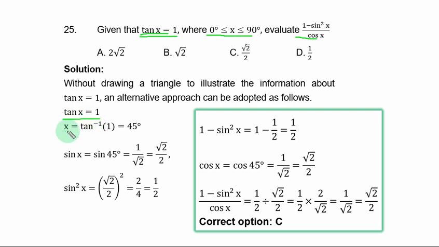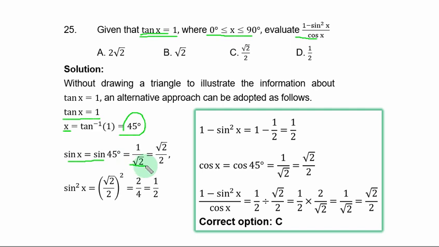You can get s by taking the inverse of tangent of 1, that is 45 degrees. Now sine s is the same as sine 45 degrees, and from special angles of trigonometry you have 1 over root 2.